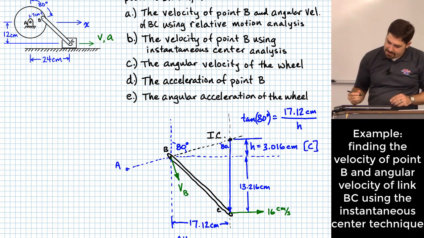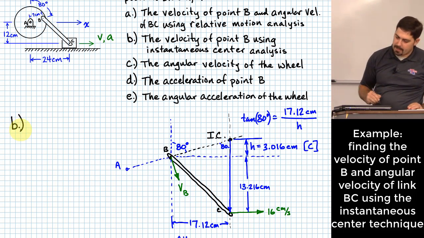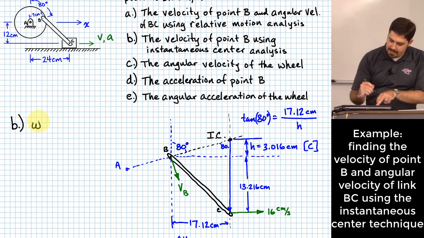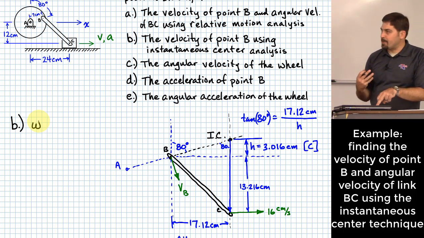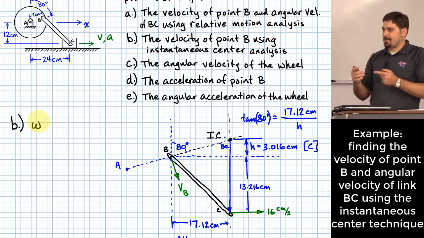And so if I want to know my angular velocity, by the way, we're working with part B. If I want to know my angular velocity around the instantaneous center, which it isn't necessary for me to specify that. Angular velocity is angular velocity. You don't have to say it's around a particular point. But it makes it easier to find sometimes if you know what the center of rotation is.